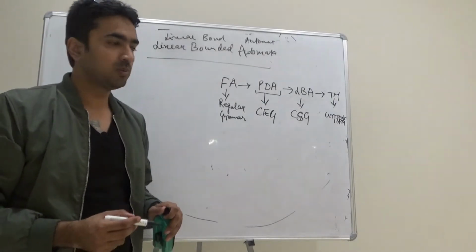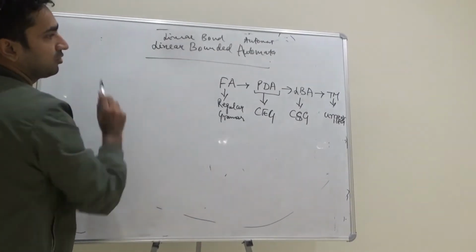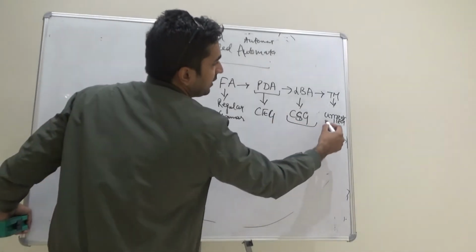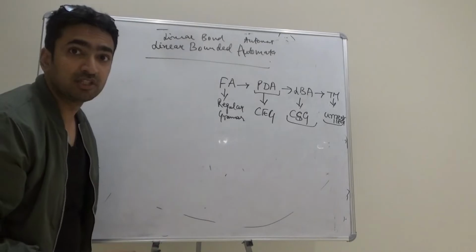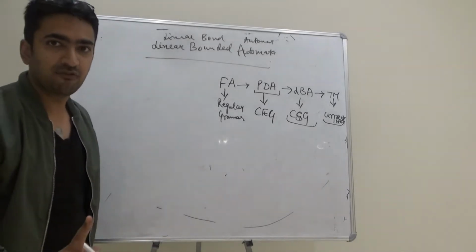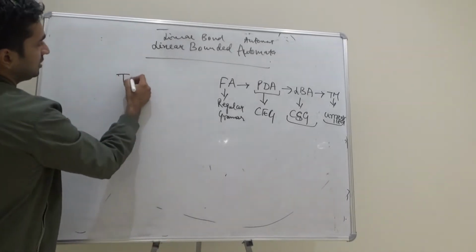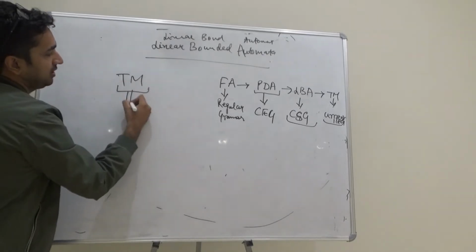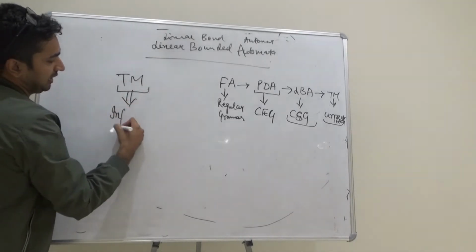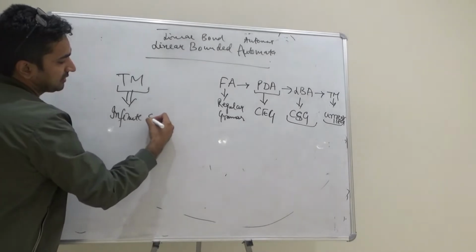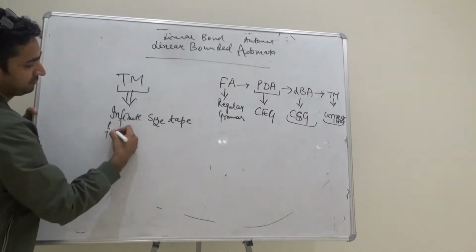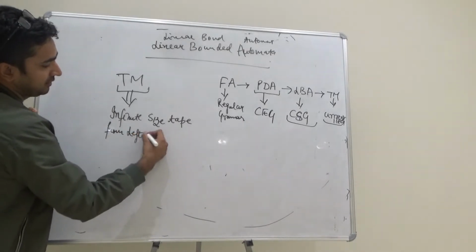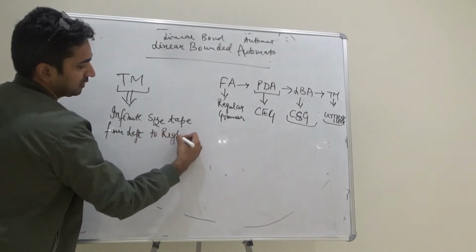Now comes the important part: how linear bound automata is different from the Turing machine. The simple answer is that the Turing machine has an infinite size tape from left to right.